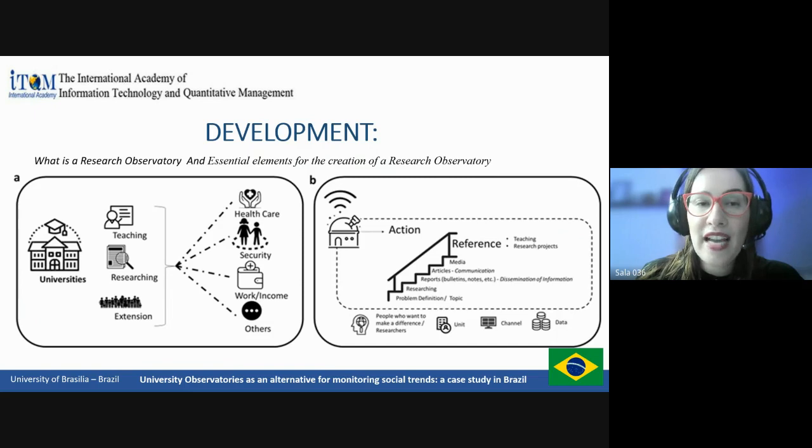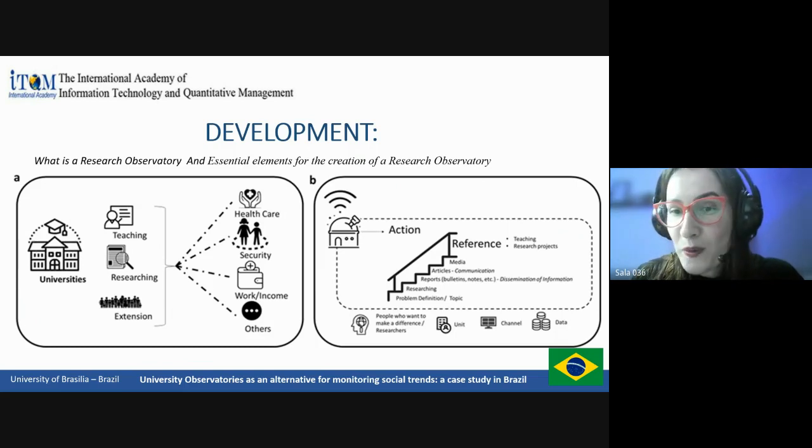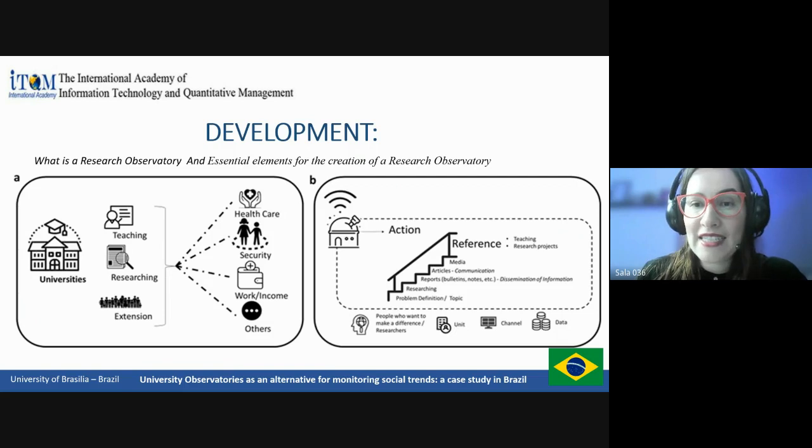In our development, first, explaining what a research observatory is, and after, what the essential elements are for the creation of a research observatory. A research observatory can be defined as a consolidated network that seeks to disseminate research to society, consolidating initiatives of accessibility to scientific research.